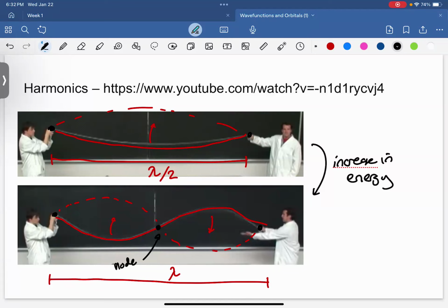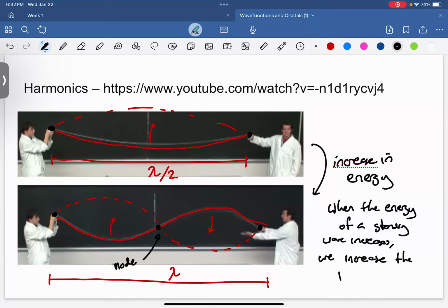And so when the energy of a standing wave increases, we increase the number of nodes.